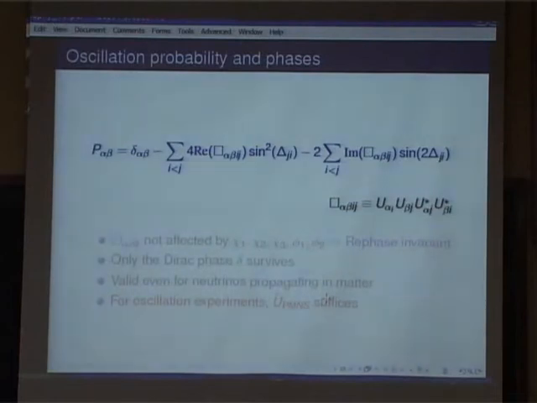So now we have the parameterization. We will put in all these phases and angles. With this parameterization, we will see what happens to the probability of nu alpha going to nu beta. This is the master equation that we had seen. There is delta alpha beta, the no-oscillation part.